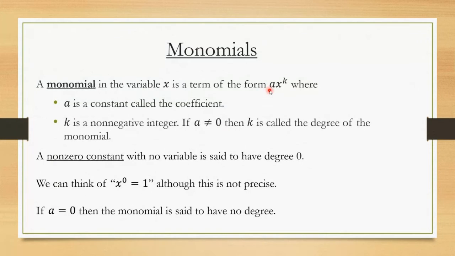If you have only a non-zero constant, in other words you have your a but you don't have any x's, then we say it's a monomial of degree 0, assuming a is not 0. So a non-zero constant alone, like 1, 4, 8, whatever, with no variable, has degree 0.